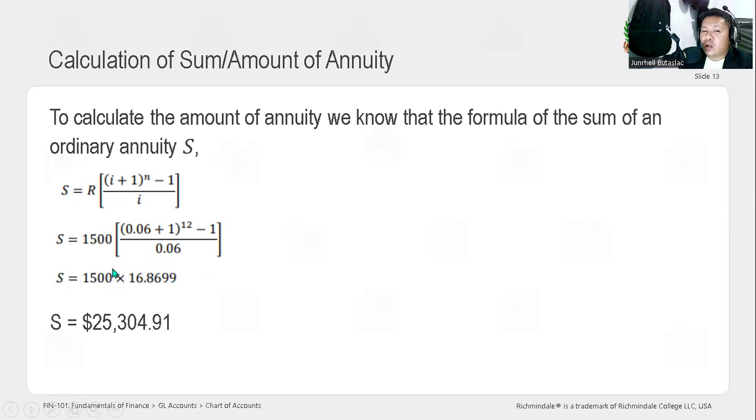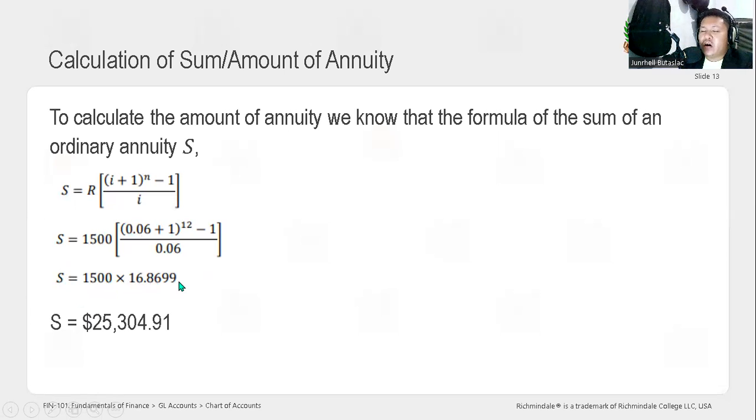When you solve this using the scientific calculator, the remaining number will be 1,500 times 16.8699.